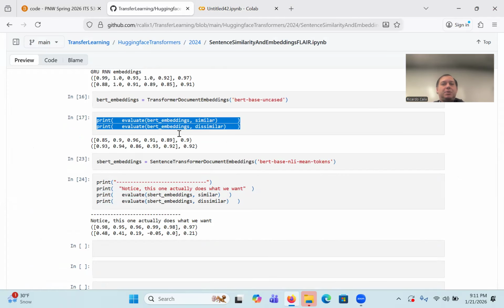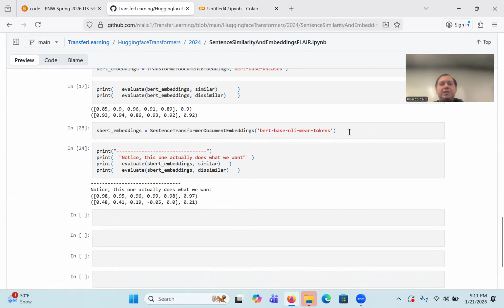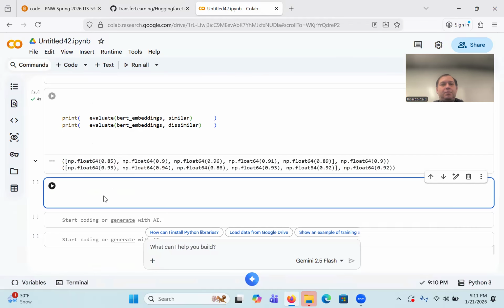So that should be the last one we have. This one, SBERT embeddings, a sentence transformer document embedding using a BERT-based NLI mean tokens, right?